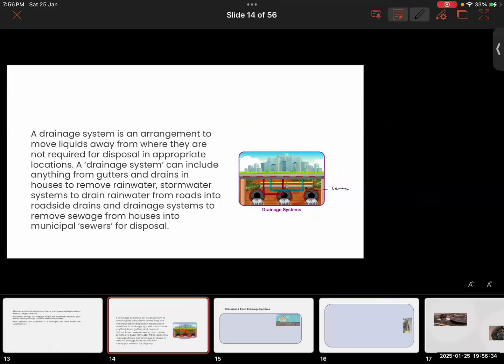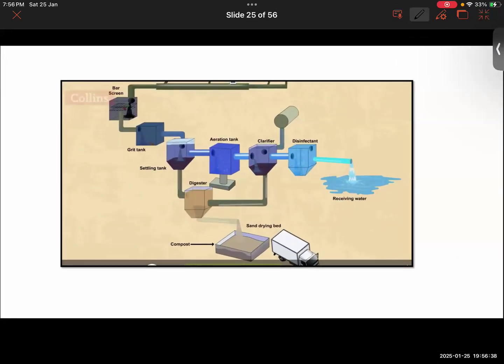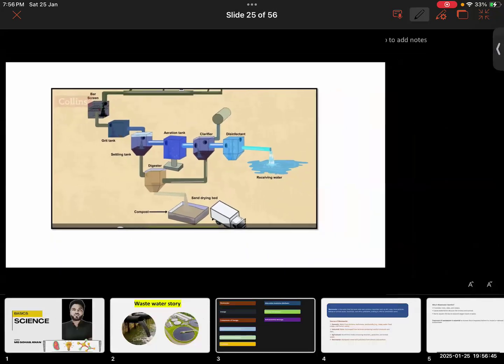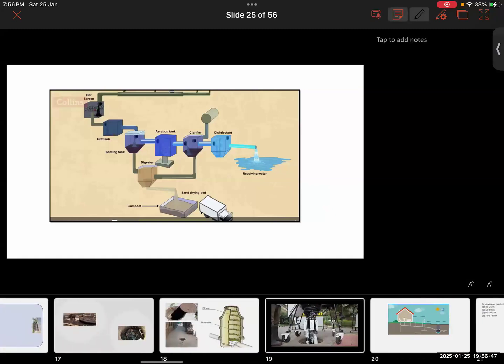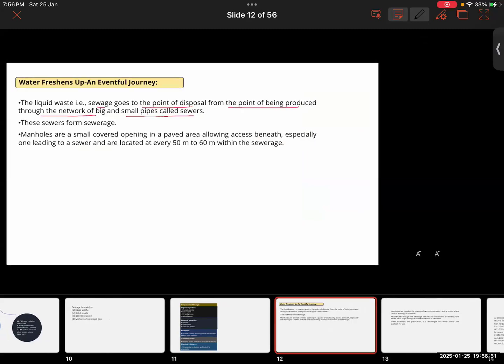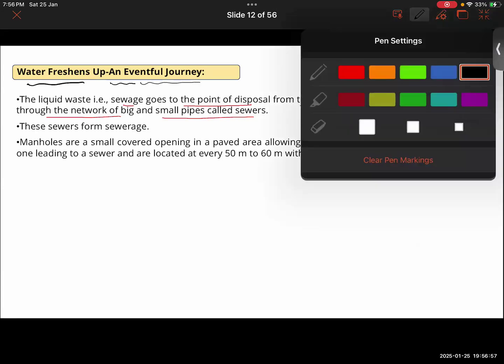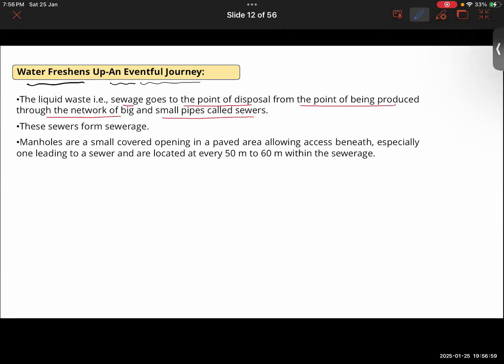As you can see in this diagram, it will go into the wastewater treatment plant, where it will go into different chambers, and in each chamber the waste materials will be removed from it. So right now we are talking about this eventful journey of the water, how the water gets freshened up.